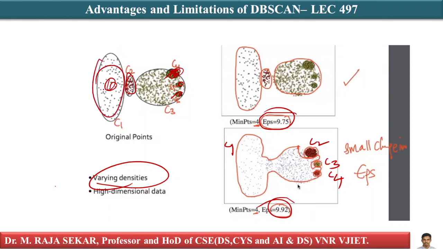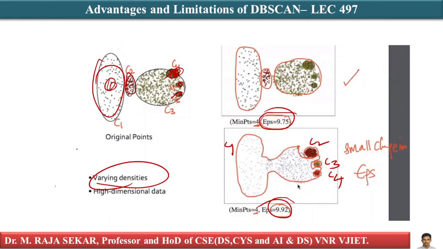This one is low density area, because you have only one set of parameters which are min points and epsilon. They define everything about shapes, isn't it? If your data set has multiple densities or varying densities, DBSCAN tends to fail or tends to not work very well.